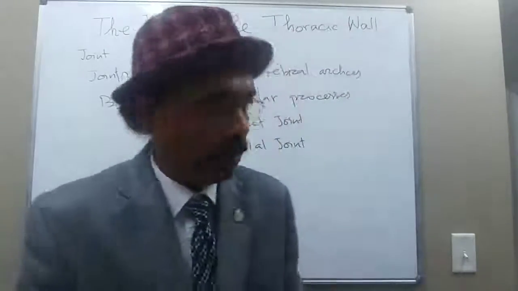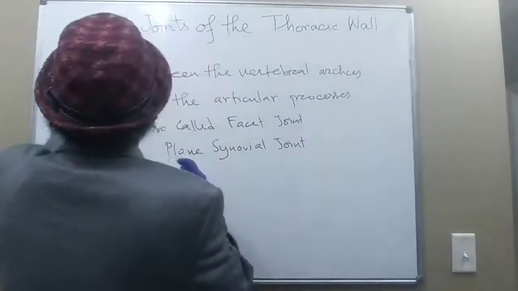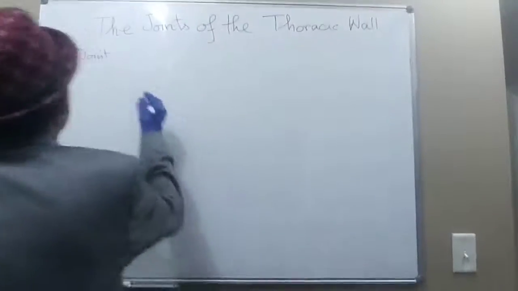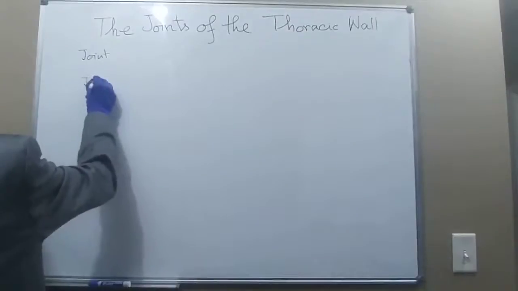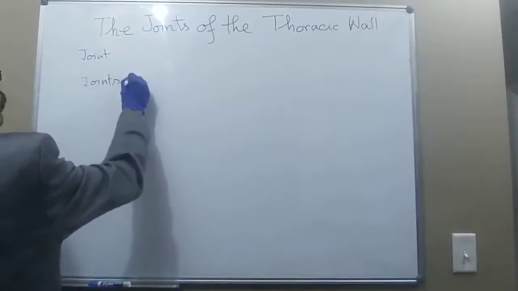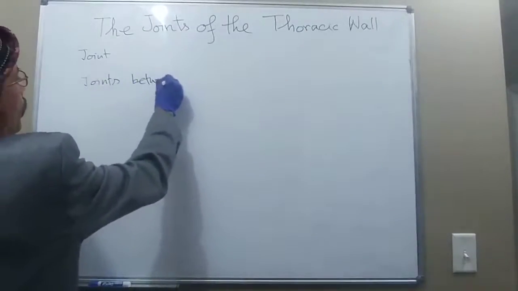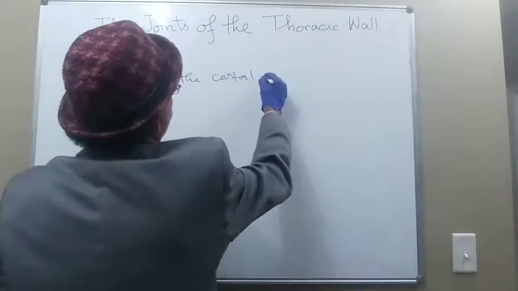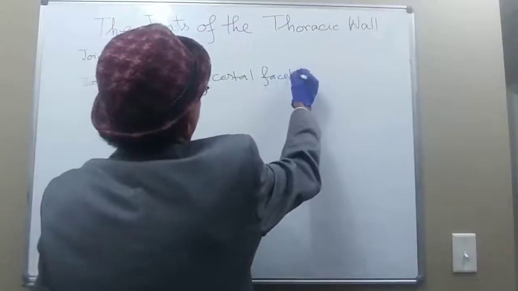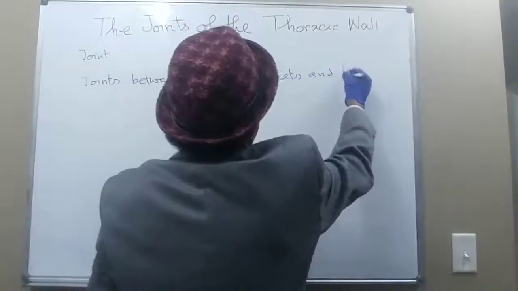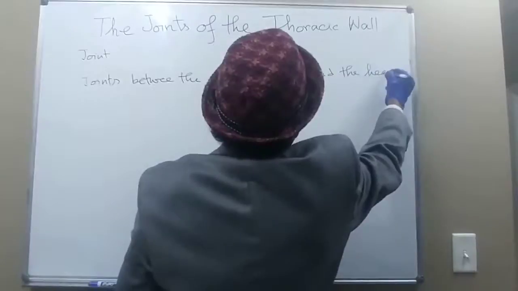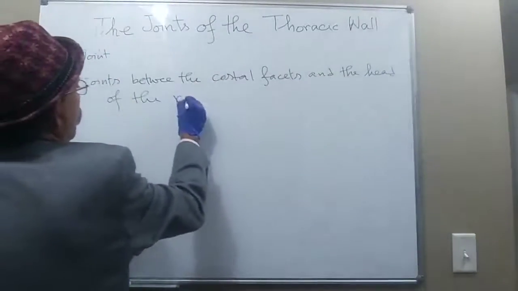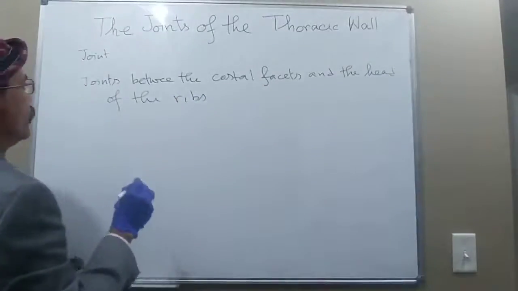This is the joint between the vertebra and the head of the rib, that is, between the costal facets and the head of the rib. This is one type of joint.